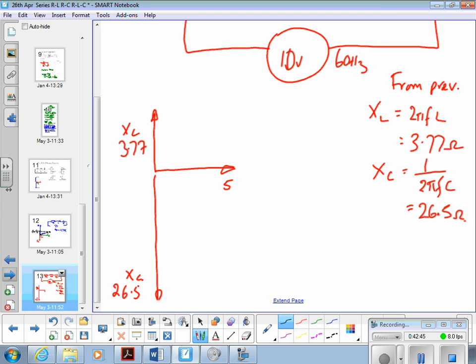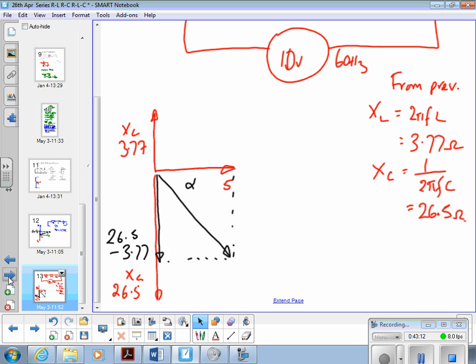So X here is 26.5 minus 3.77. And our Z is in there, and there's the angle. Get well on there, yeah?